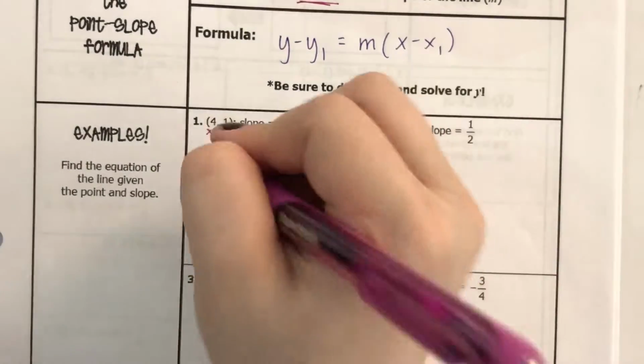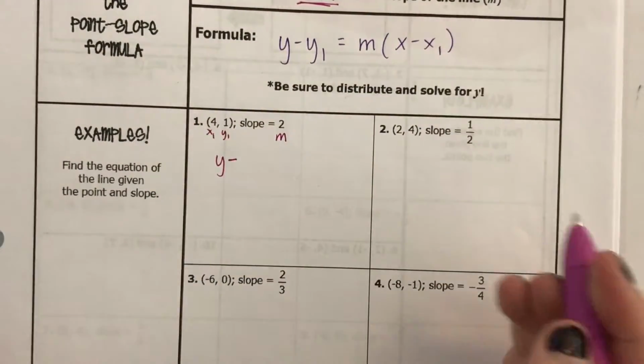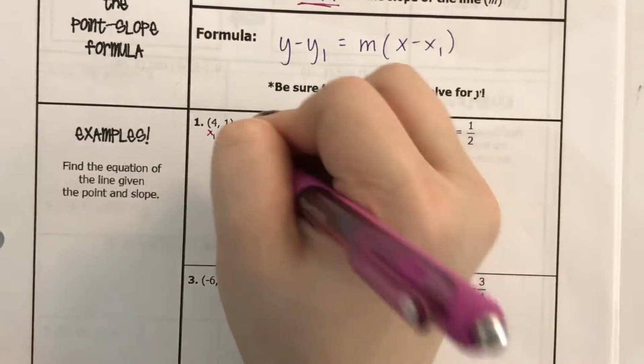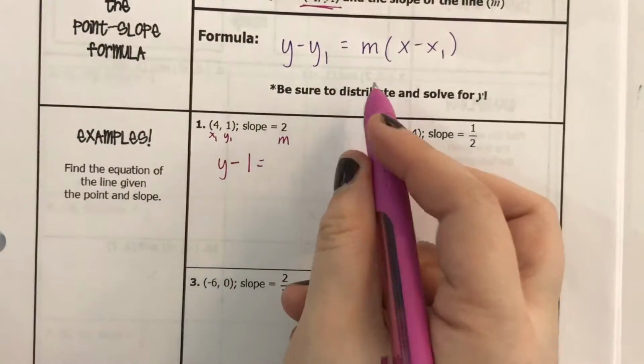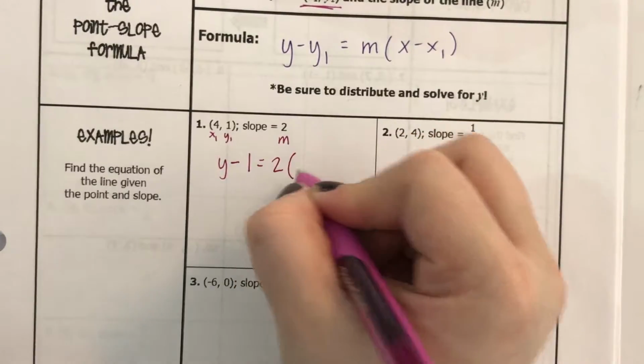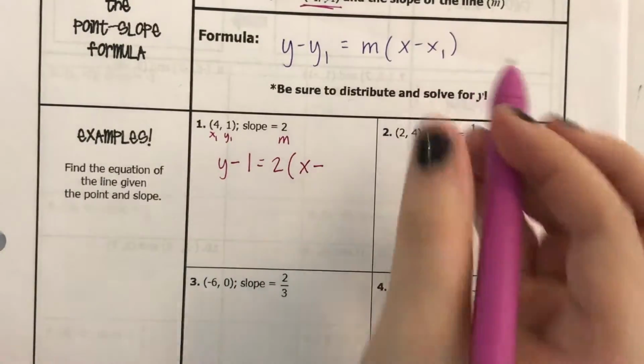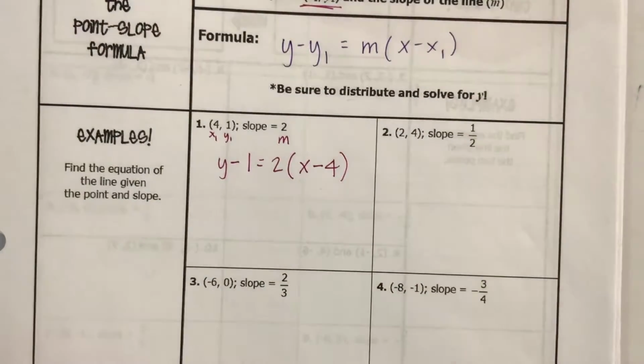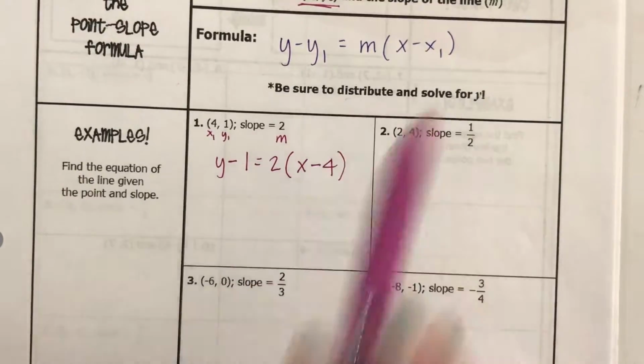So we're going to go y minus y1, which is 1, equals m, which is 2, times x minus, our x1 is 4. So we took our numbers and plugged them in, and now we're going to solve for y. So now we're going to distribute and solve for y.